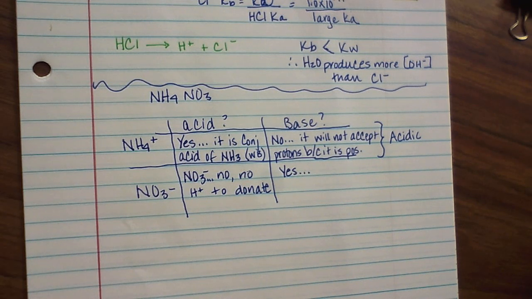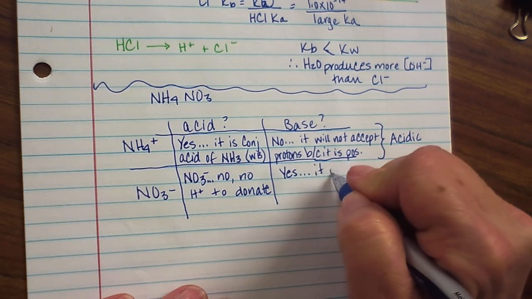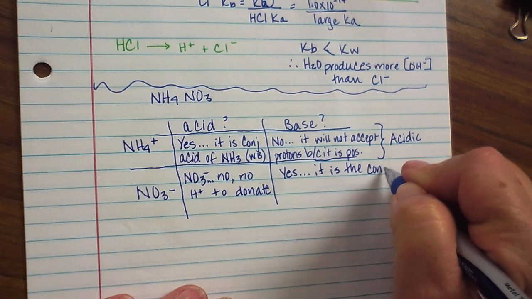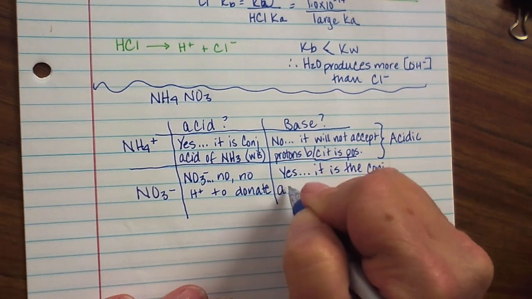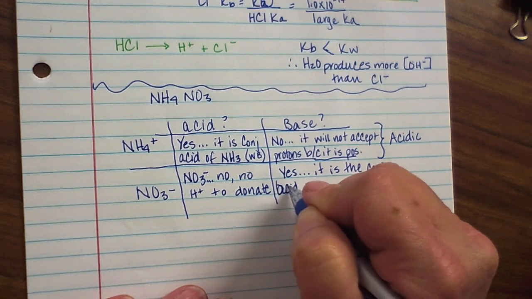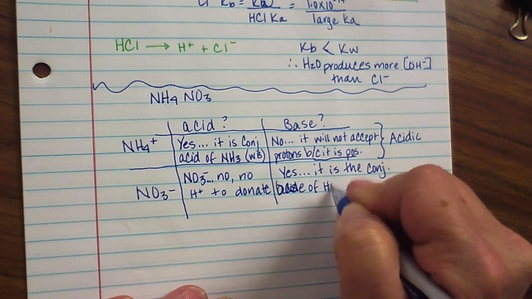Now I need to describe it. What kind of an acid is nitric acid? It is the conjugate base of HNO3.